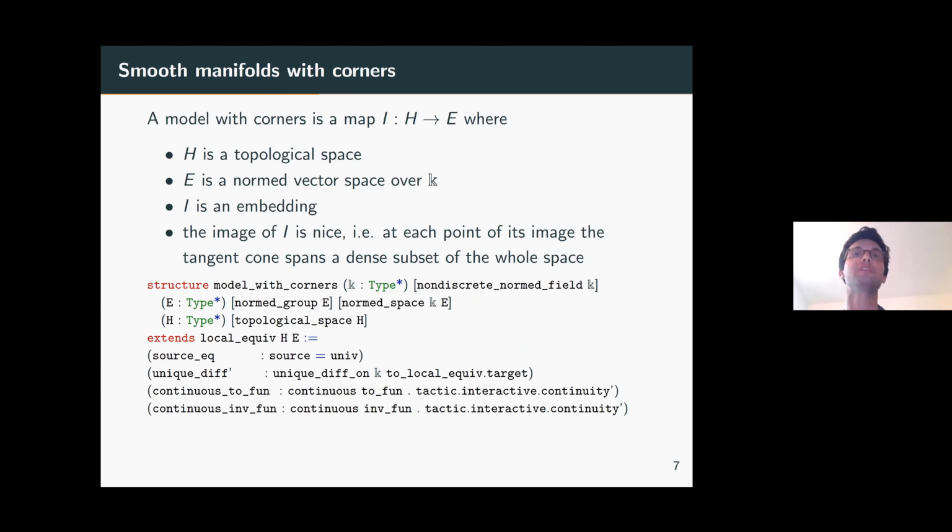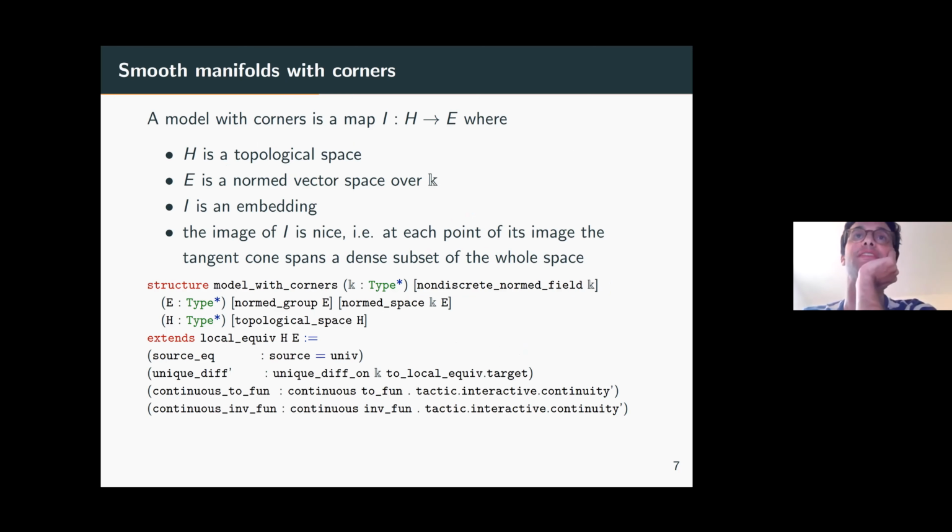Another concept that we need to mention in order to talk about smooth manifolds with corners is that of a model with corners. Personally, I never heard about this concept before approaching Lean, but it's just a slight generalization of the standard manifold with corners. So it's not that complicated to get used to it.